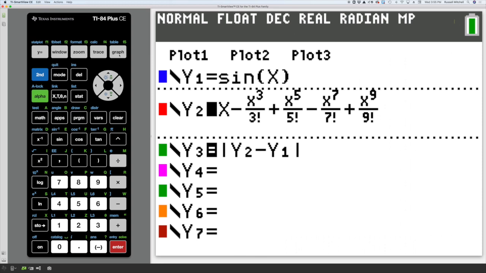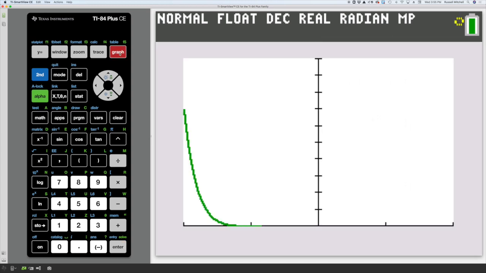Okay, so this is a Taylor polynomial of order 9, and it's the approximation for sine x. So let's go ahead and graph. And there we go. Okay, let's check on the right hand side.